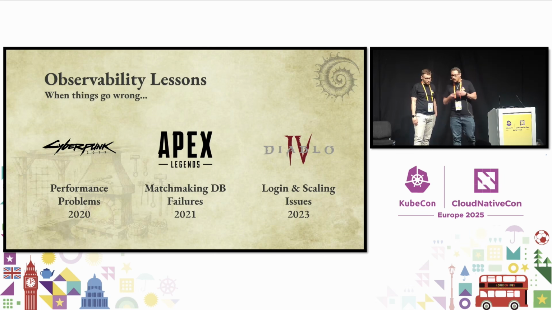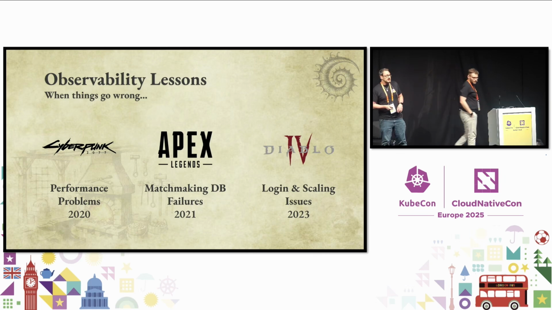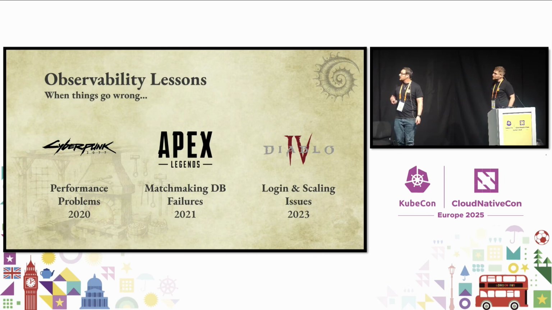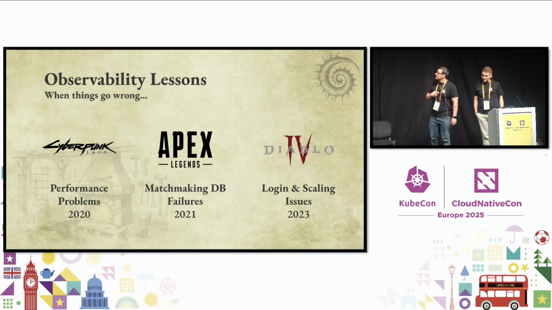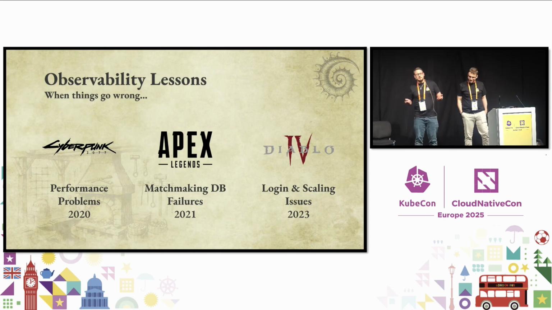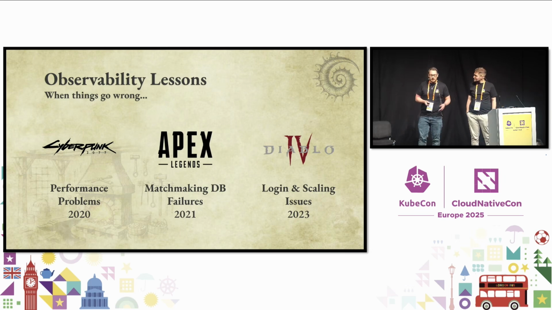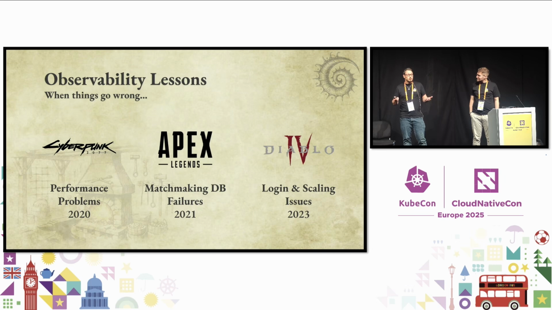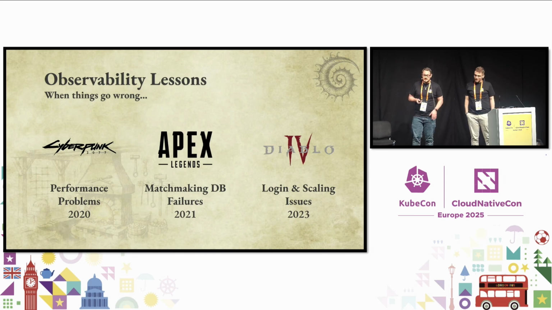And so our talk today is mostly based about games. I've picked out some examples here that some of you may or may not be familiar with. We've picked out 3 games. Cyberpunk is one that I'm hugely into at the moment, but when it first came out, there were massive performance problems, mostly on the last-gen consoles. People were basically saying it just didn't work, it was broken, it shouldn't have been released.